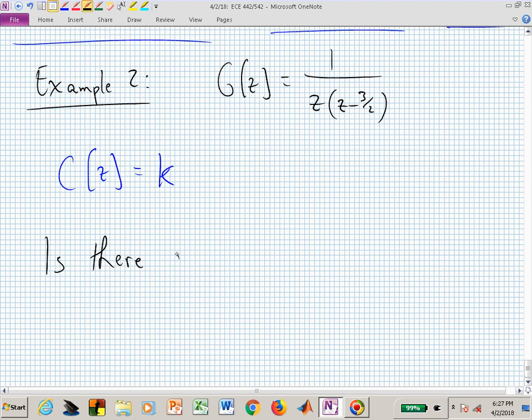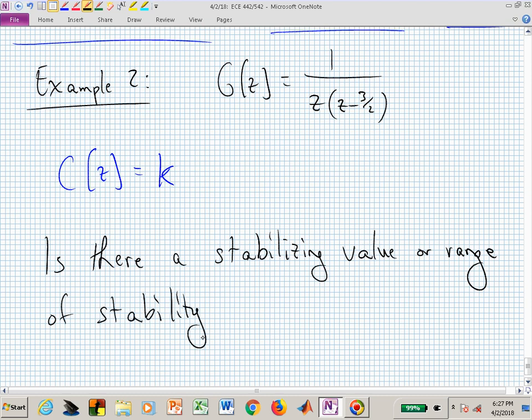Is there a stabilizing value or range of stability, or I should say a range of stabilizing values for K?